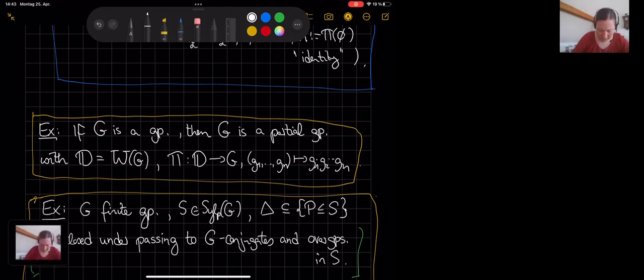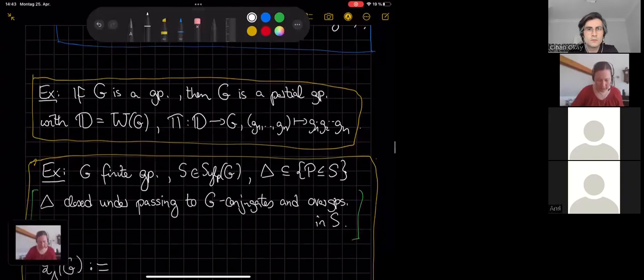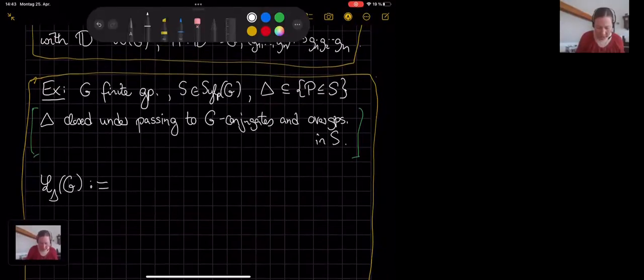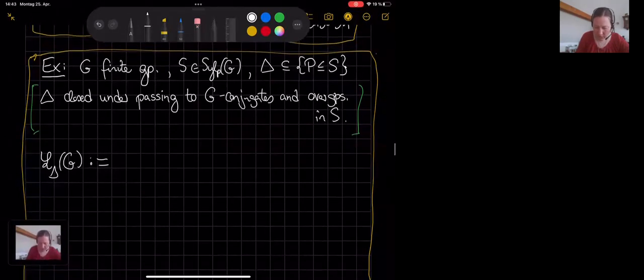I mean, we want to look now at something which is again sort of p-local. And actually we look now at something which is very close to this category T delta of G, which we looked at before. So if G is a finite group, S is a Sylow p-subgroup of G, and delta is a set of subgroups of G, and we assume this property that it's closed under passing to G-conjugates and overgroups in S, some technical property, then we can define a partial group.